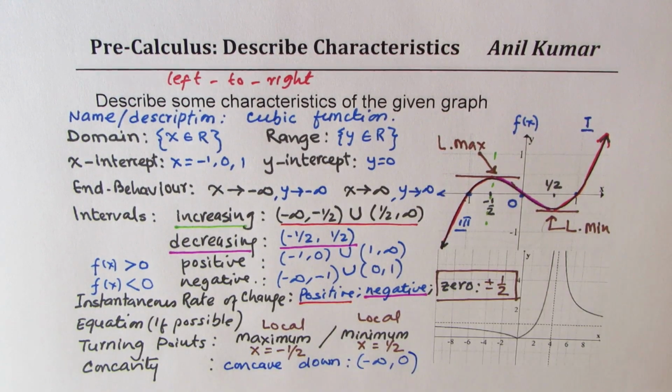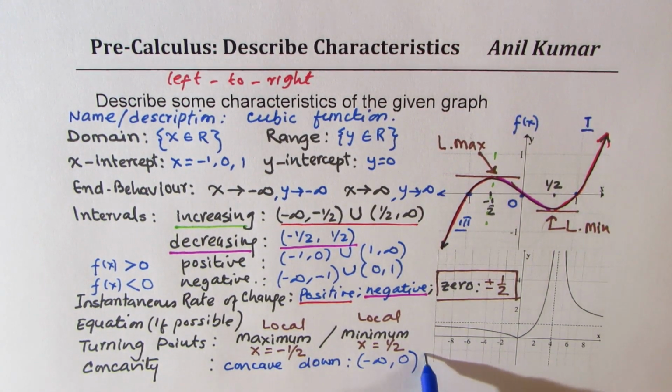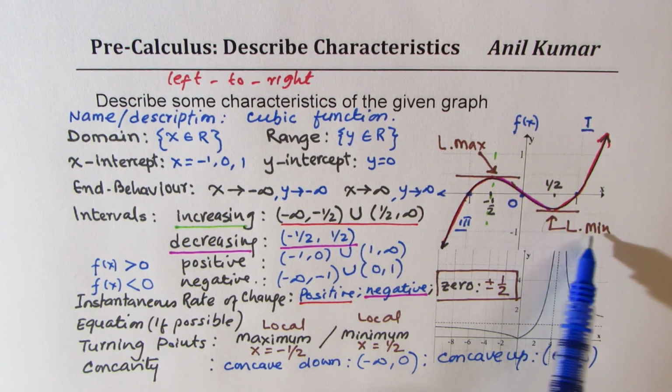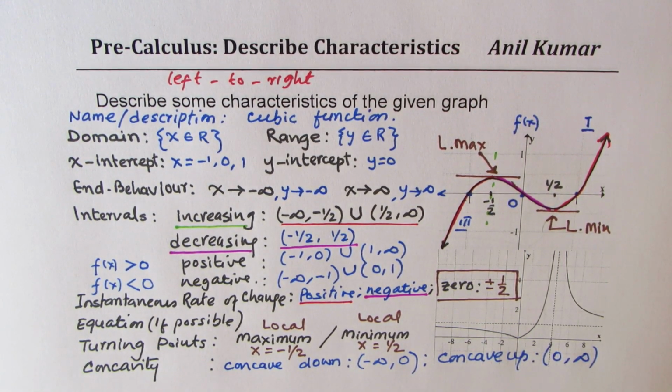Now at 0, concavity changes and it becomes concave up, right? So the other characteristic is concave up, and that is from 0 to positive infinity. Now local minimum is in that region where it is concave up.